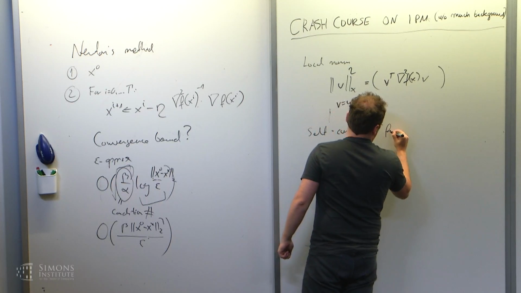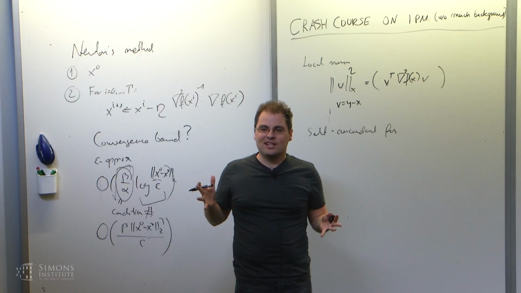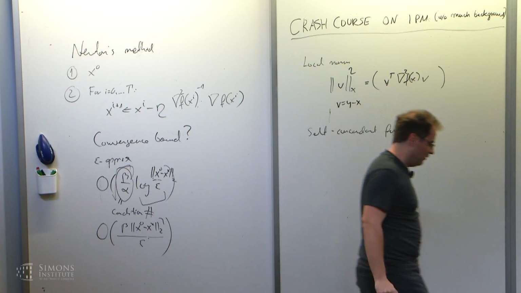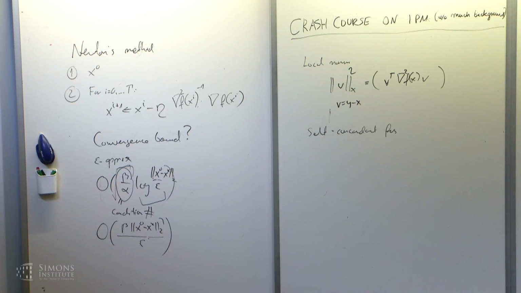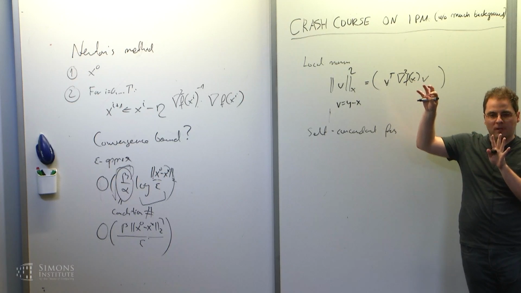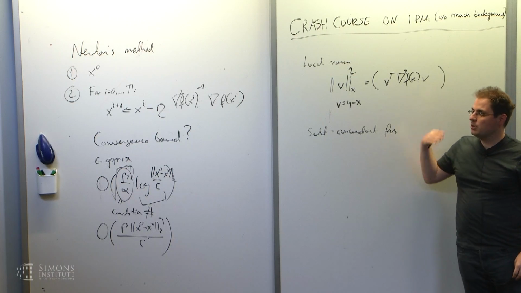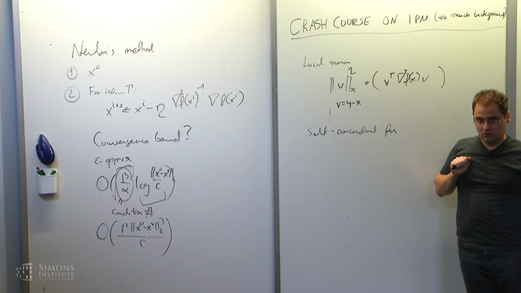And I will not define what they are because that's not really important for this talk. But what is nice is that if your function f is self-concordant, which essentially involves some condition that allows you to bound the third order moments in terms of the second order moments appropriately, then suddenly you can get a global analysis of Newton's method.